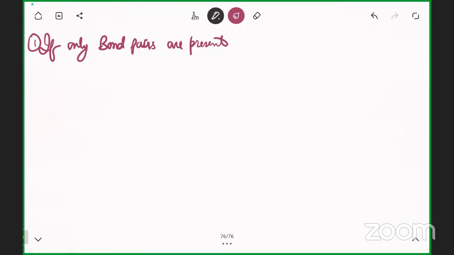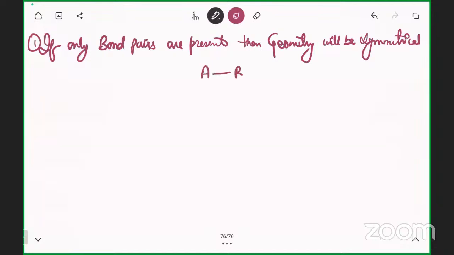If only bond pairs are present, then the geometry of the molecule will be symmetrical. I'm talking about an AB2 type molecule, where there is a symmetry.